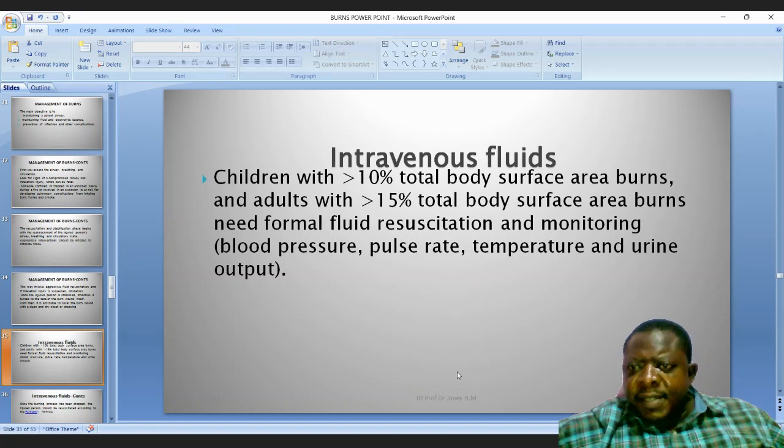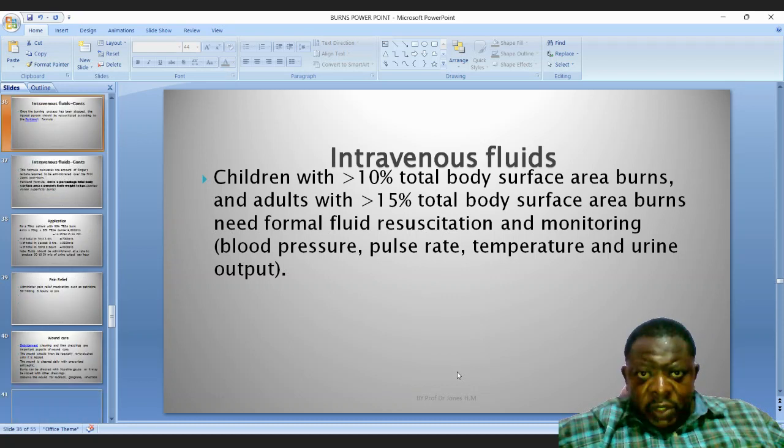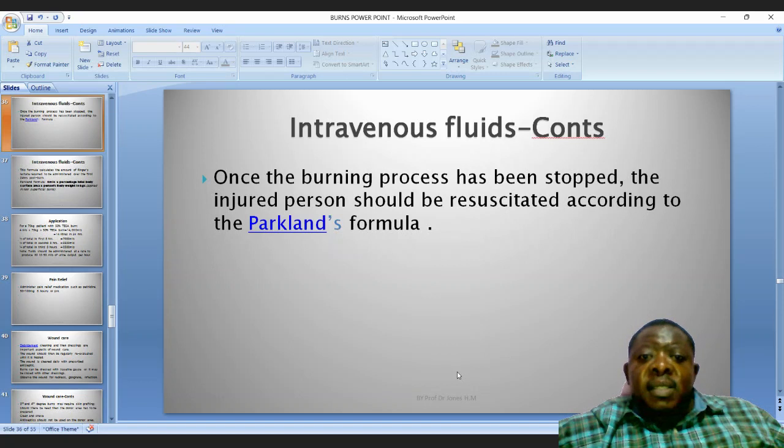Once the burning process has been stopped, the injured person should be resuscitated according to Parkland's formula. So let us understand Parkland's formula. This formula calculates the amount of Ringer's lactate, which is a type of fluid, required to be administered over the first 24 hours post burn.